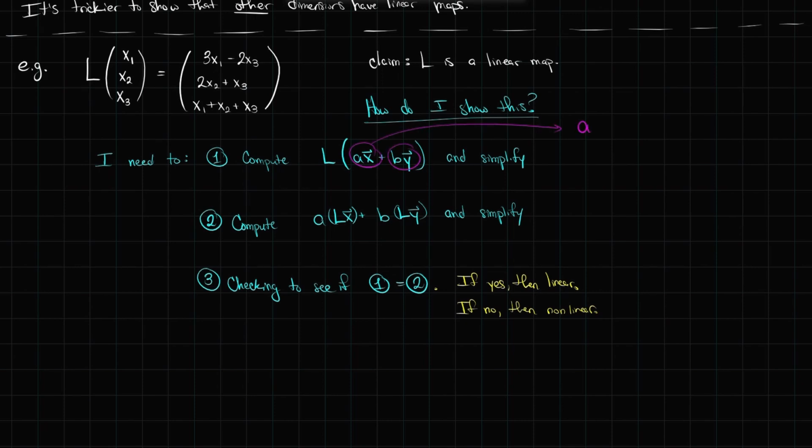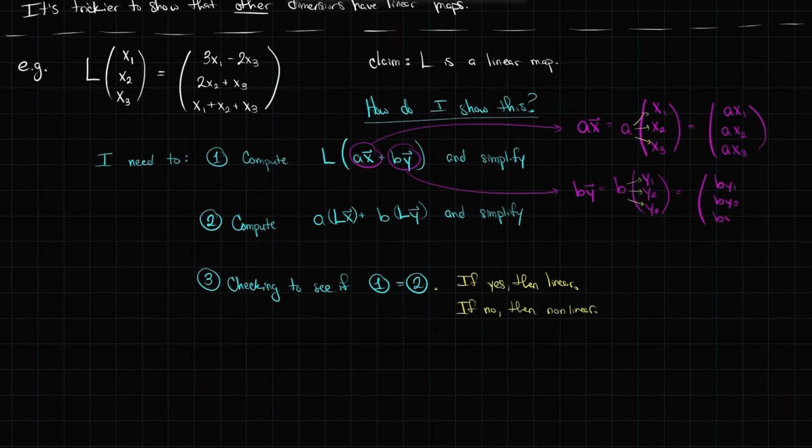Let's figure out what a times x as a vector should look like. Well, a is always a scalar. X, because I'm in 3 dimensions, can be written as x1, x2, x3. Because I've got a scalar, I can distribute it to each entry and arrive at ax1, ax2, ax3. Moreover, b times y as a vector can be written as b times y1, y2, y3, and distributing b to each term I end up with by1, by2, by3.